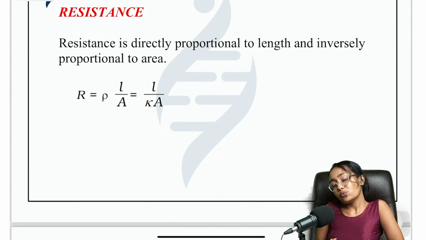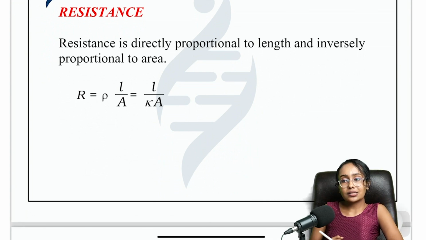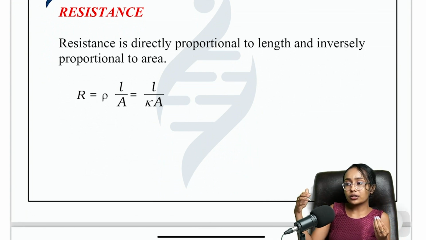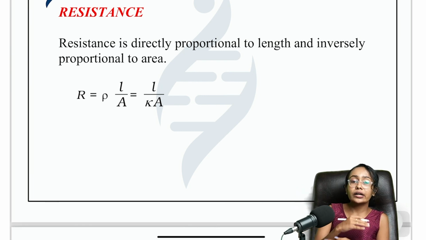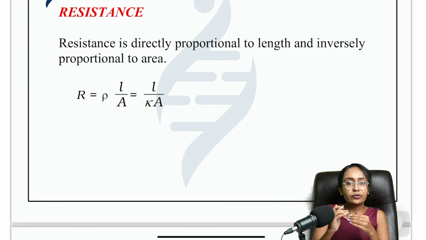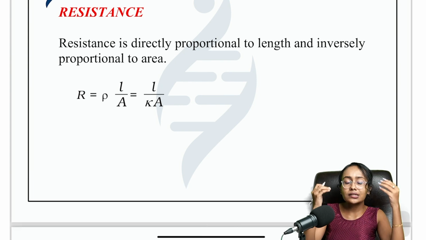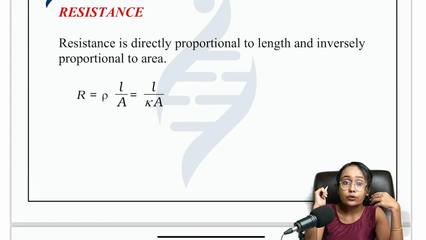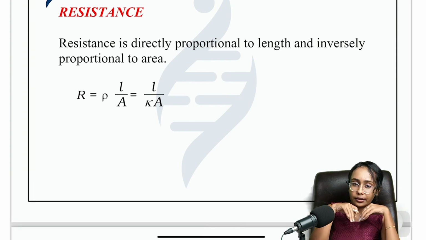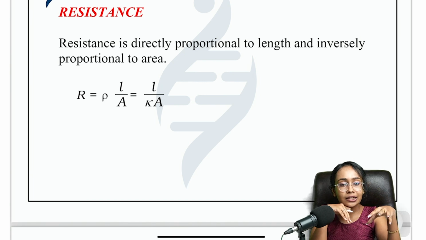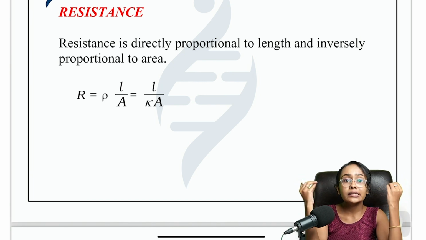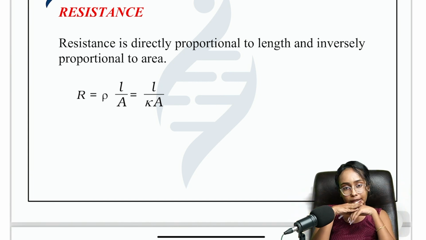So now, resistance. What is resistance? Consider a material through which current is flowing. If there is a resistance, what does that mean? It resists the passing of current, right? Resistance means the material offers resistance, or it resists the passage of the current.